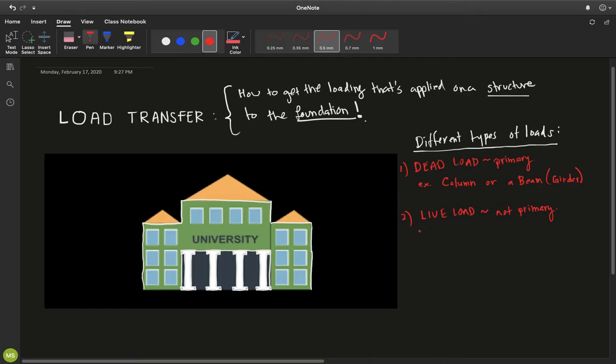So an example of a live load are furniture, or another example of a live load could be people.